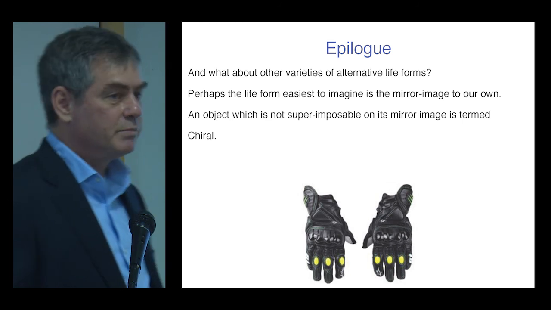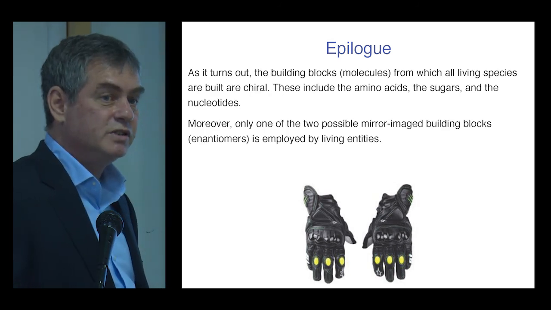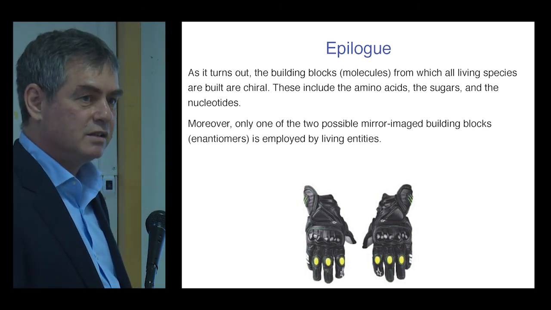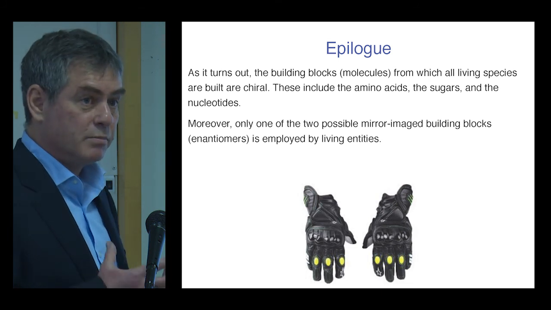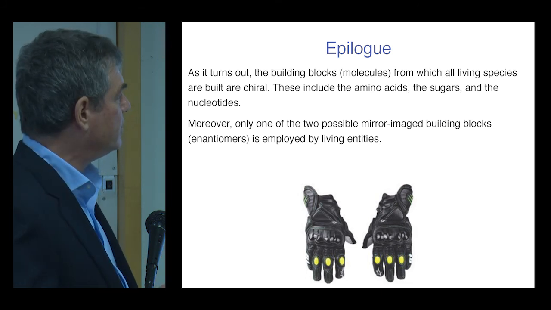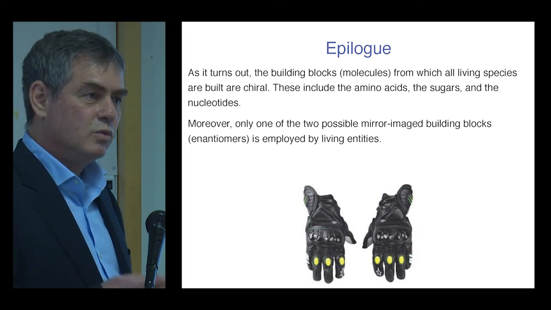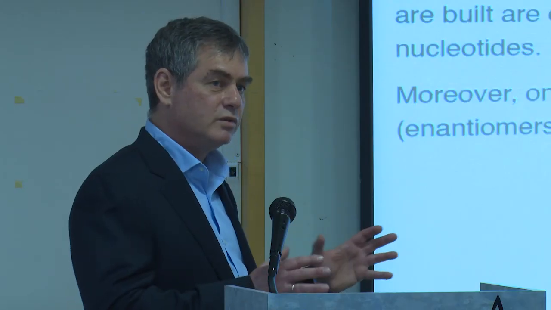As it turns out, the building blocks, some of which I've shown you earlier, on which the living species are based, are all chiral. Of the 20 amino acids, 19 are chiral, all except glycine. So this is an important part of the living world. And moreover, the living world includes only one of those enantiomers, only one of those gloves.